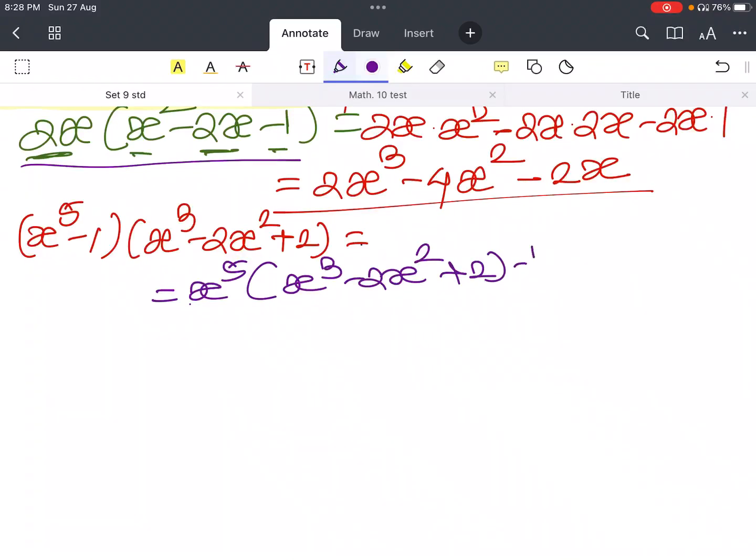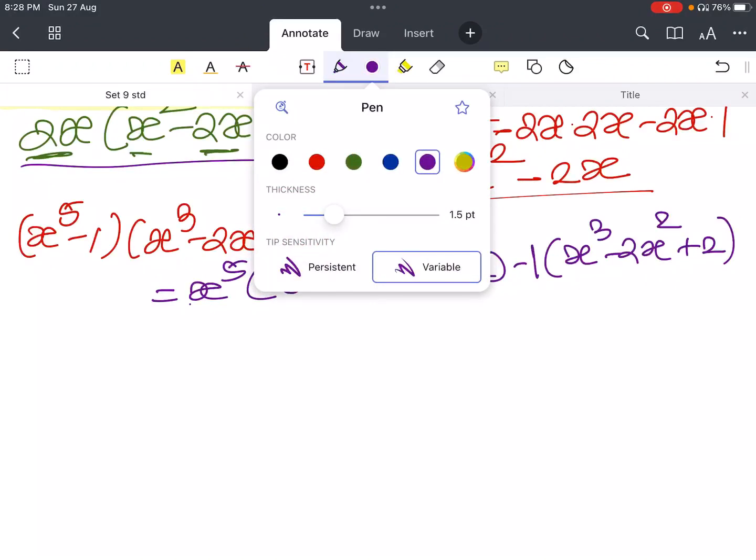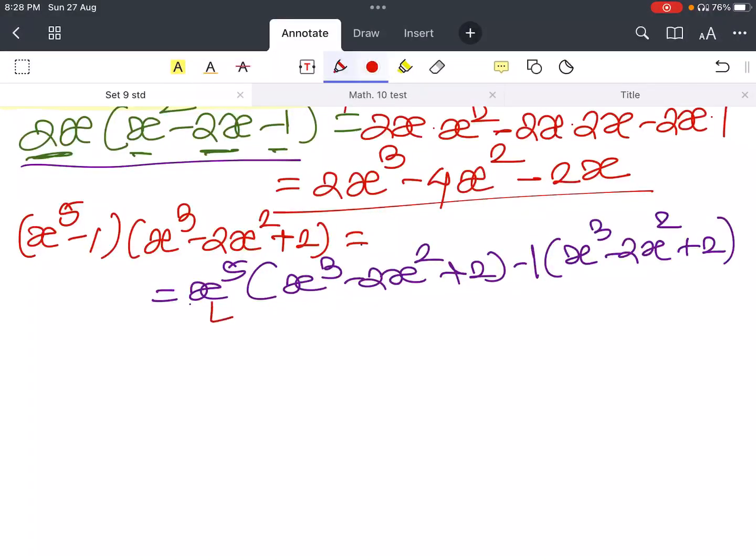Minus 1 as it is, into bracket x cube minus 2x square plus 2. Now just simplify this. As per the previous condition, this is a common multiplier with the second bracket, and this is also a common multiplier with the second bracket.